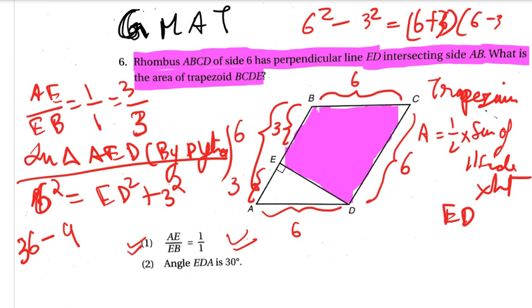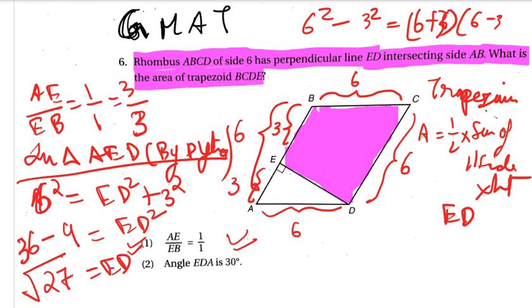so let's do 36 minus 9. So that is ED square. So how much is it going to be? Tell me. So we are going to get here 27, that is ED, root over 27.